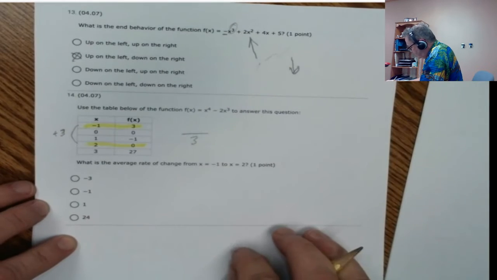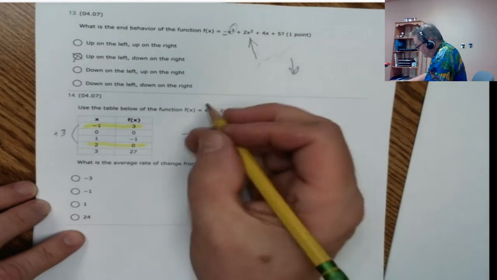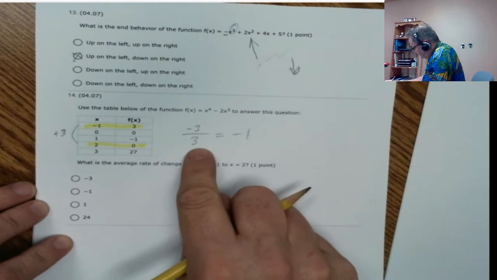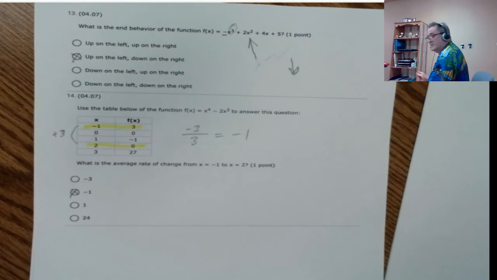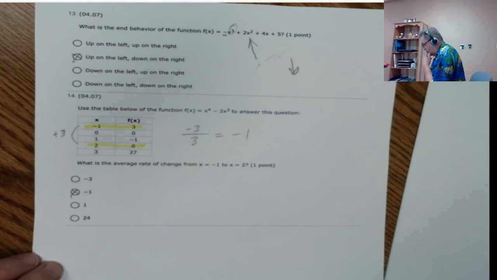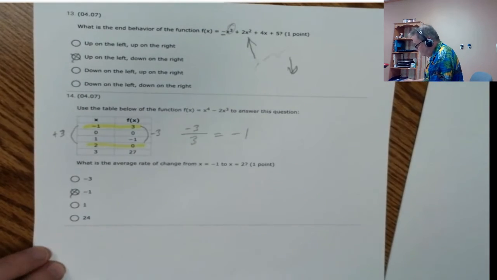Because if we set it up as a slope, because that's all we're looking at, slope between 2 points, this goes from 3 to 0, so that goes down 3. So the average rate of change is negative 3 divided by 3, negative 1. Just make it a straight line between those 2 points. See, that one goes down 3.